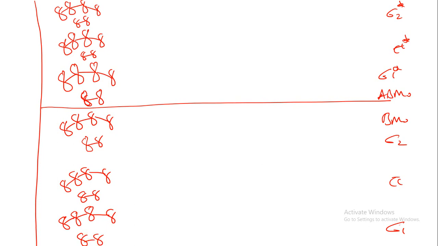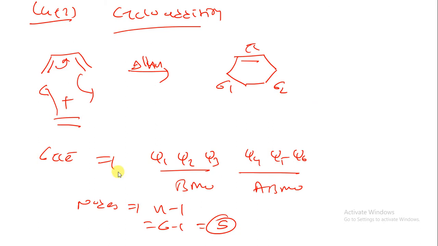Then here we can say that the pi electrons remain as they are, just migrated, but two new sigma bonds are formed, that is sigma 1 and sigma 2. So whatever the energy difference is, it is just because of the sigma bond.